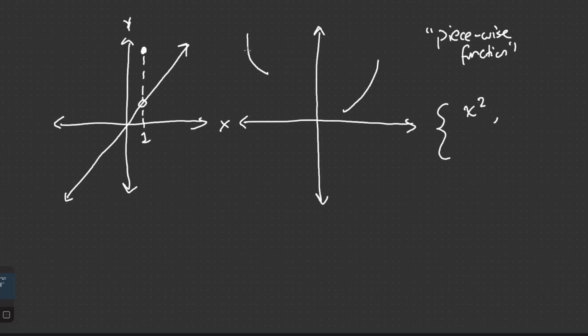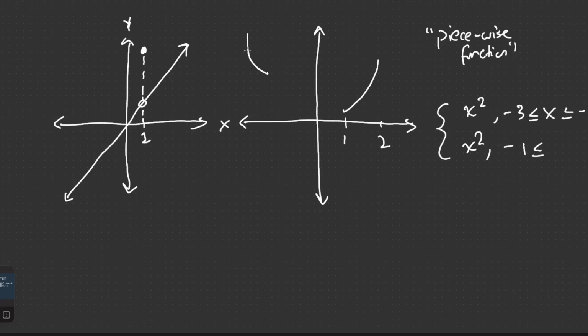I guess technically for this it can be between -3 to -2, right? And then you can have it defined again for, let's say, 1 to 2.